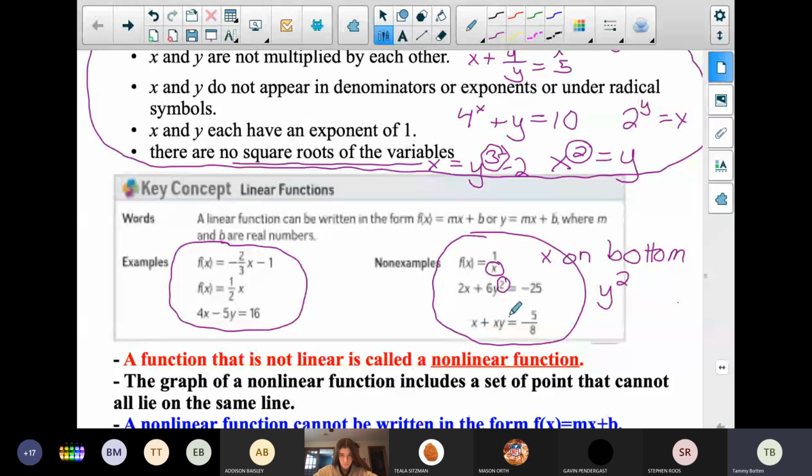And the third one is because we can't have x times y, okay? So today, one of the things they're going to ask you is, are things a linear function? And if they are, you don't have to say anything but yes, but if it's a no, you have to give a reason why, which is like what I did here.